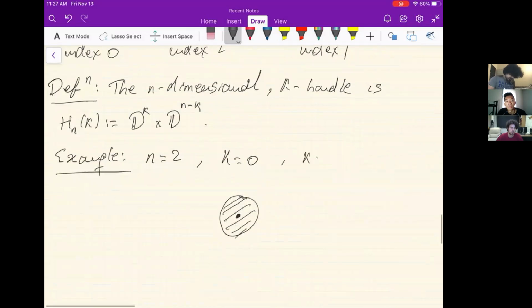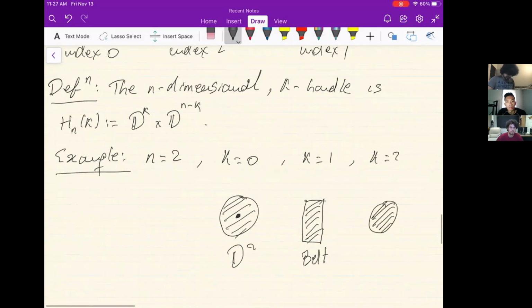Of index 1, it's basically a square, but I like to think of it as a belt. And topologically you actually get the same thing, which is that you also add a disk when you pass through an index 2 critical point in a two-dimensional smooth manifold.